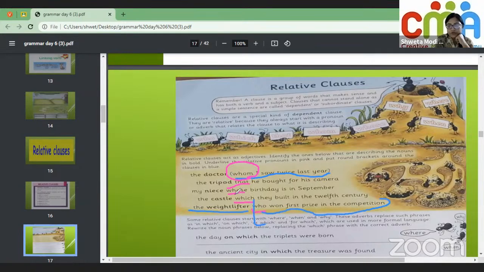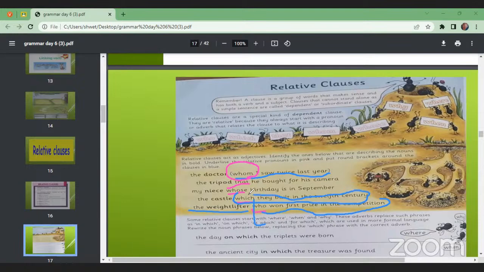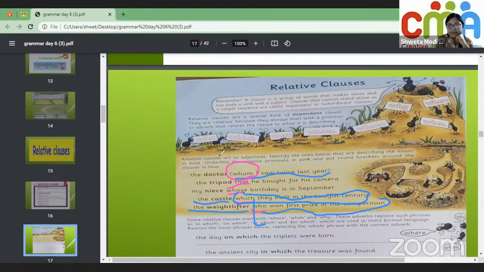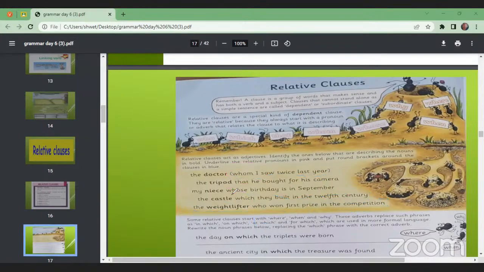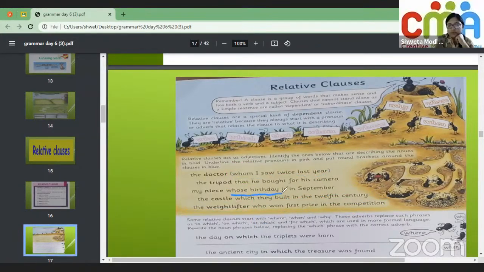So here also it is talking about the castle, right? Whose birthday is in September? This whole relative clause is telling us something about a naming word.